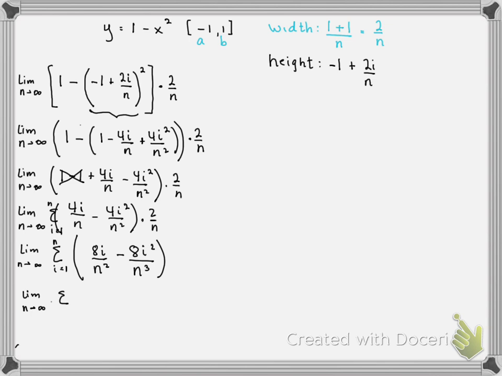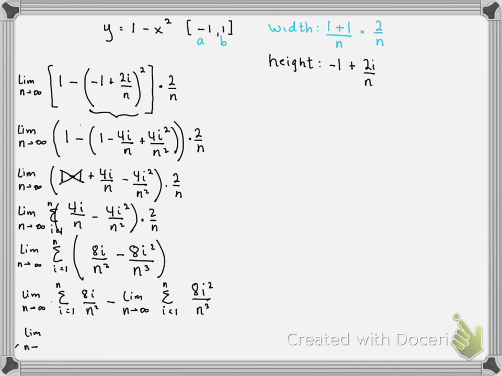And so we'll get the limit as n approaches infinity of the sum from 1 to n of 8i over n squared, minus the limit as n approaches infinity of the sum from 1 to n of 8i squared over n cubed. Next step is to pull out a constant and any n that we've got.